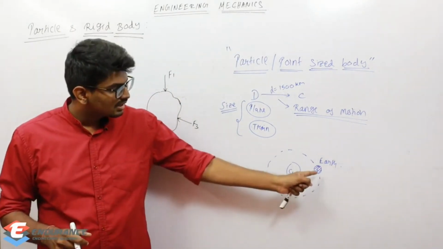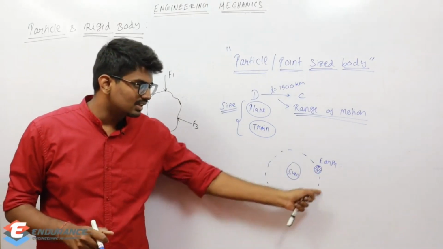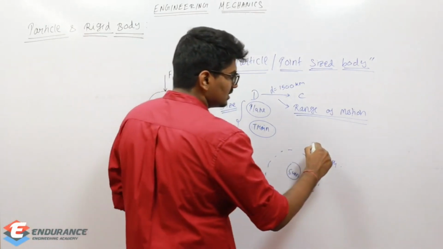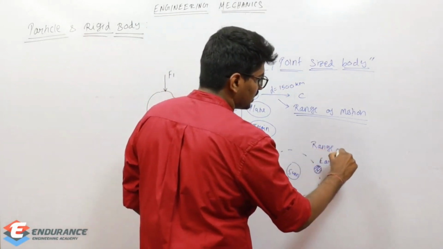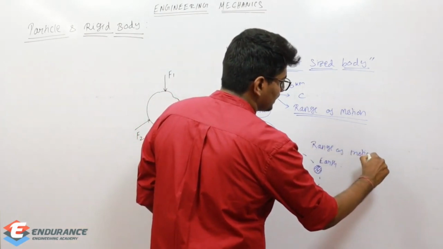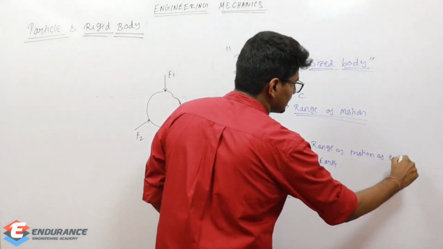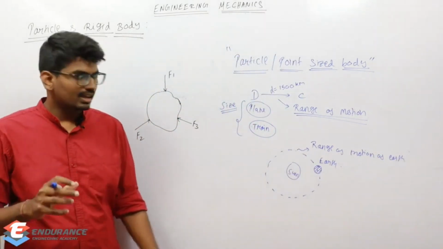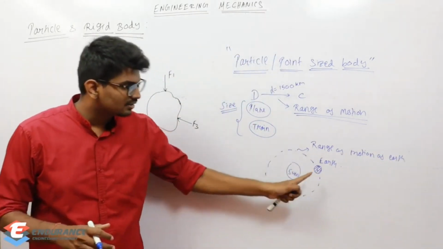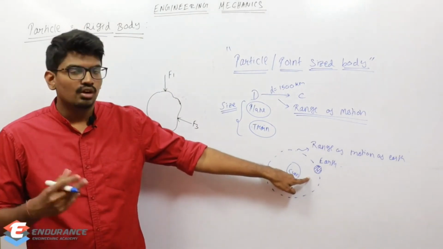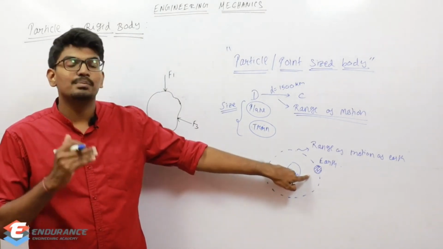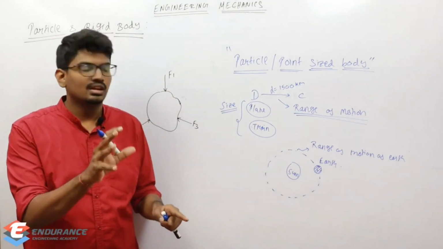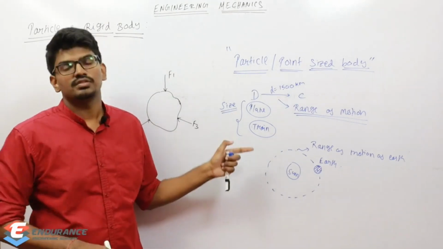But the distance the earth is traveling to revolve around the sun, that distance we will take as the range of motion of earth, which is nothing but this total distance. Now compare this total range with the size of the earth. Obviously the size of earth is going to be small compared to the range of the motion. See, I'm not saying that earth is small. Earth is small compared to the range of its motion.